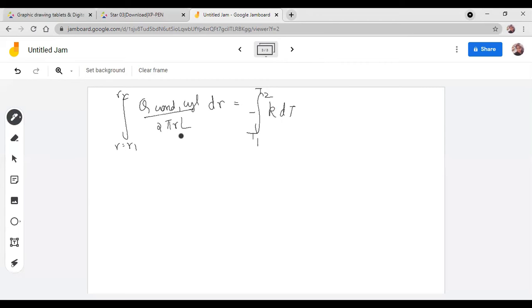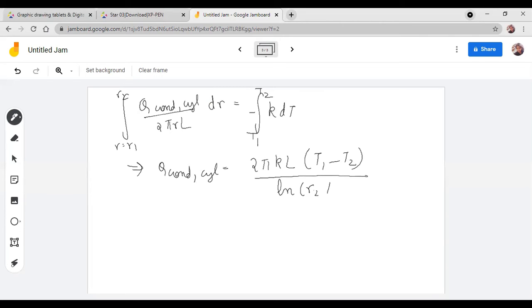Upon integration, it will look like this: 2 pi K L (T1 minus T2). The SI unit for Q conduction will be watts.